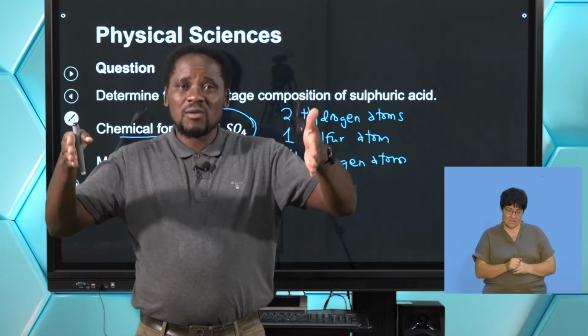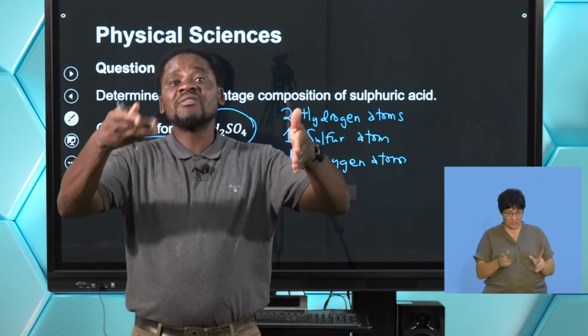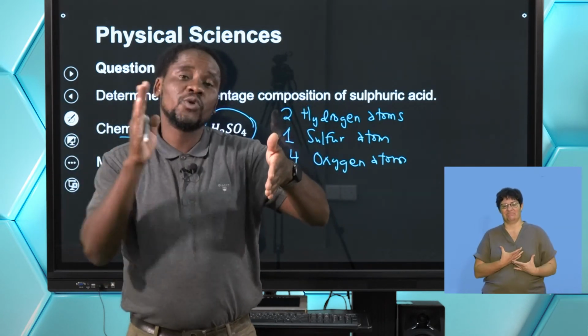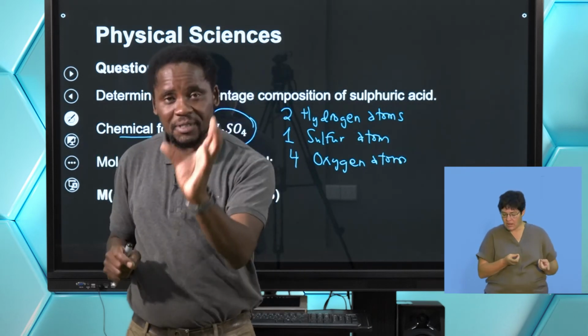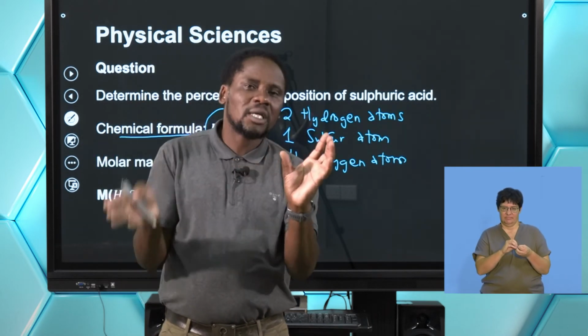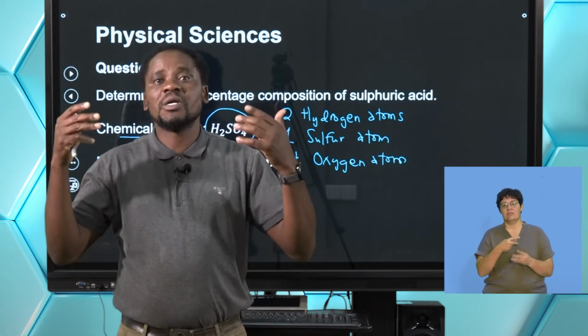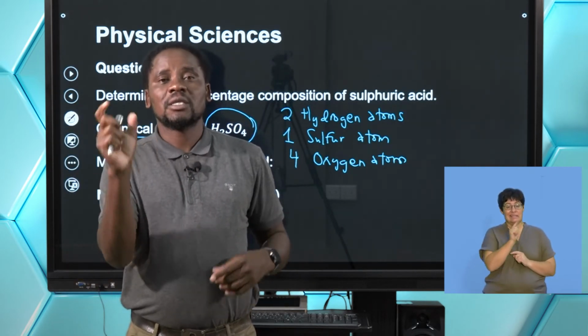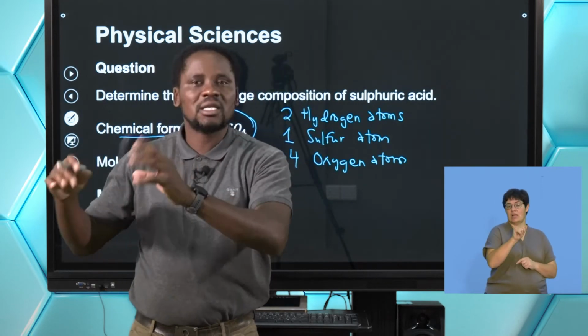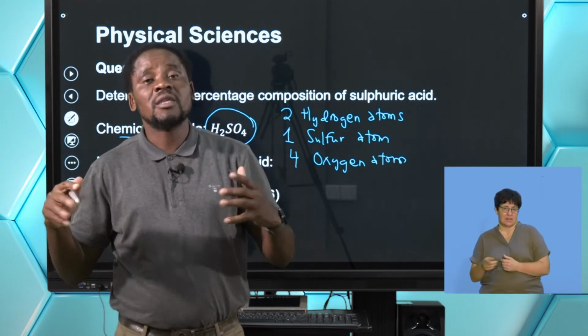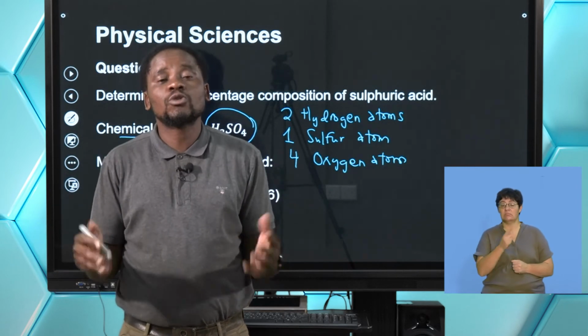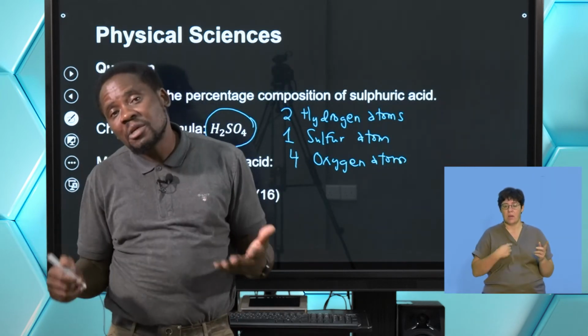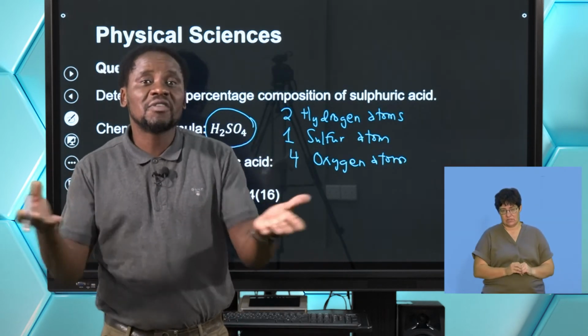Then the chemical formula will give us an indication of which elements make up that substance. And from the subscripts, we are able to say, for this element, there are 2 atoms. For that element, there is X number of atoms. Then this sets the way for us to determine the percentage of a given element in a compound.